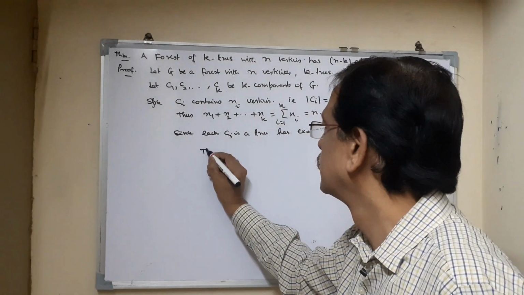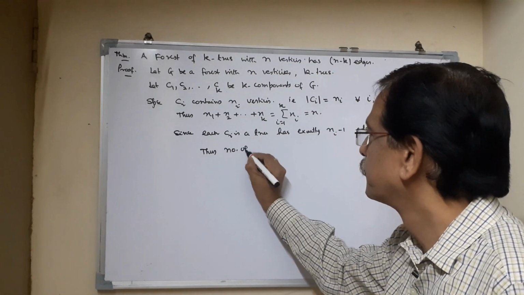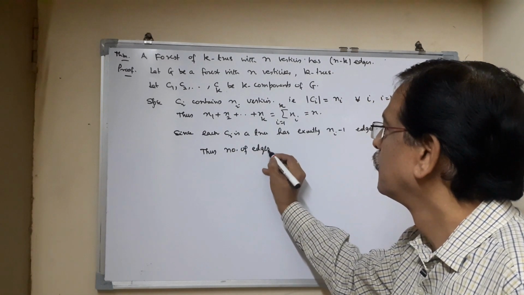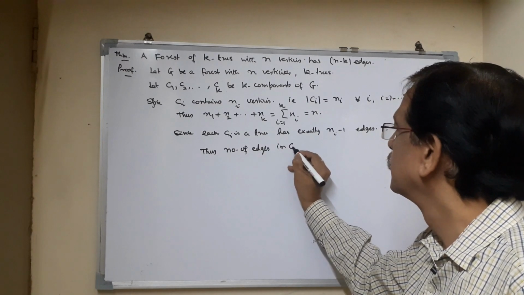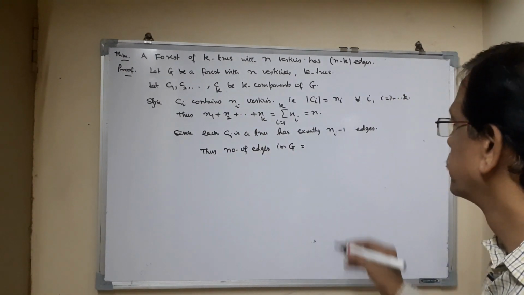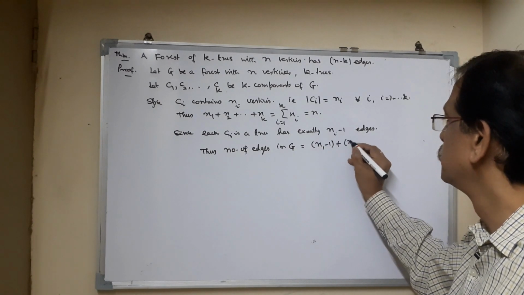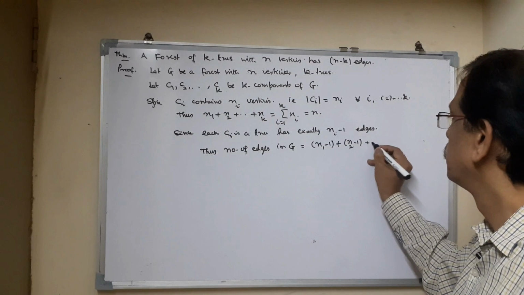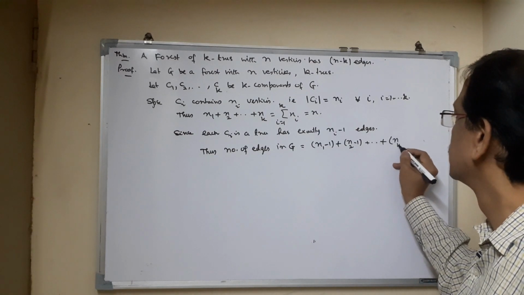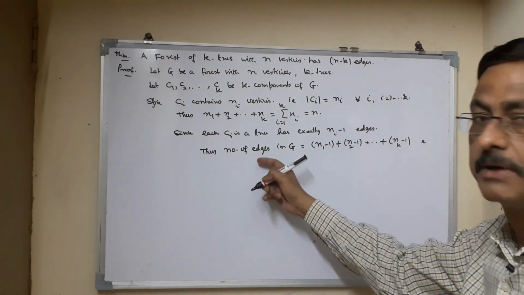Thus the number of edges in G, in the forest, is equal to N1 minus 1 plus N2 minus 1 and so on, Nk minus 1 edges.